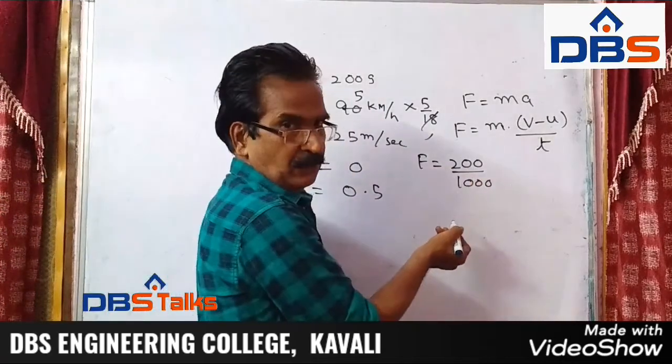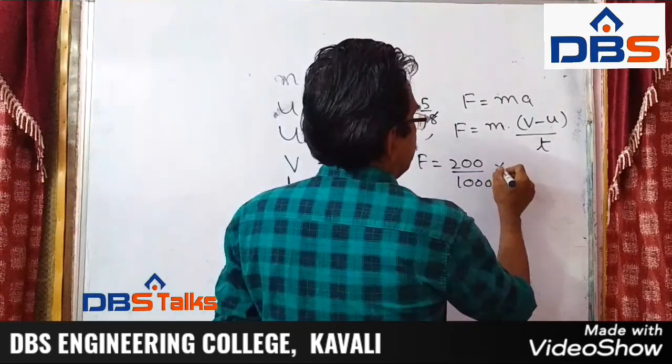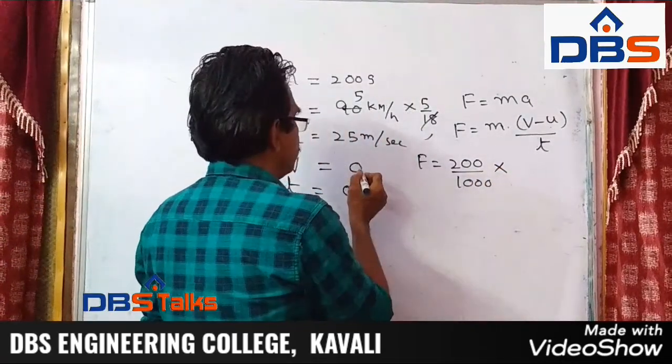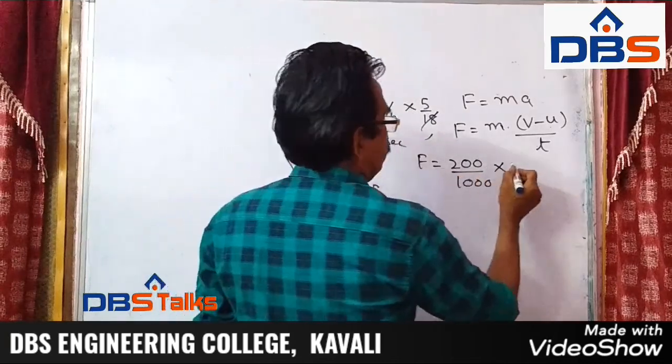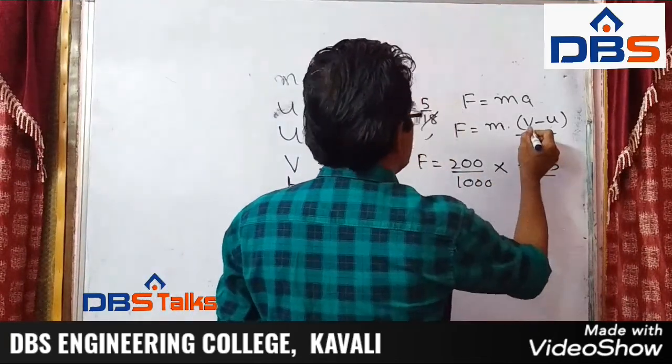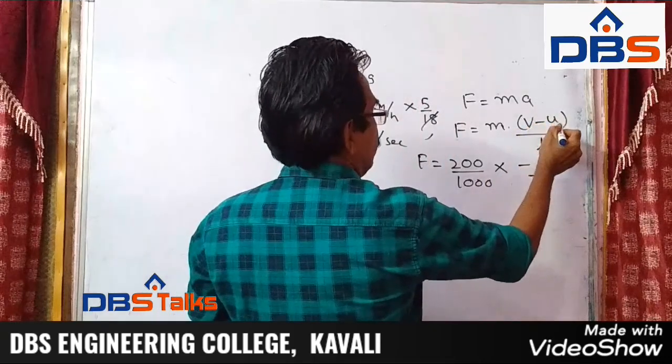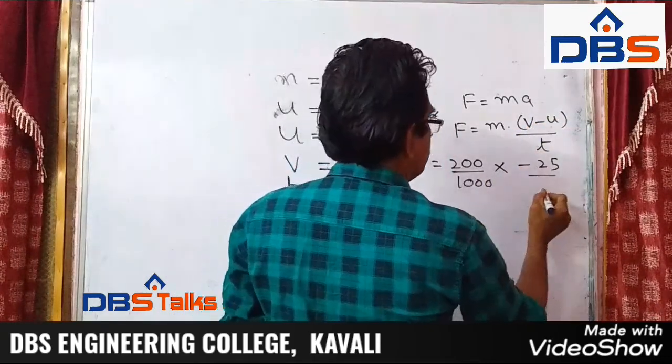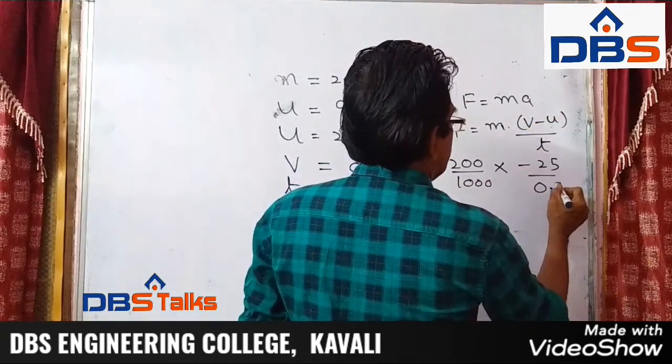I am converting into kgs. Into v minus u. v is 0, u is 25, so 0 minus 25, by t. In how many seconds, friends? 0.5.